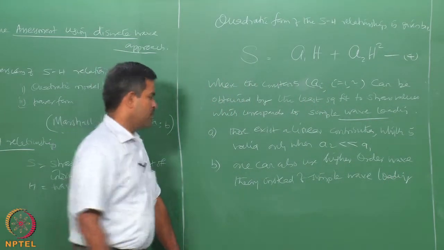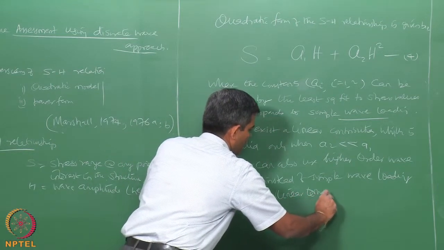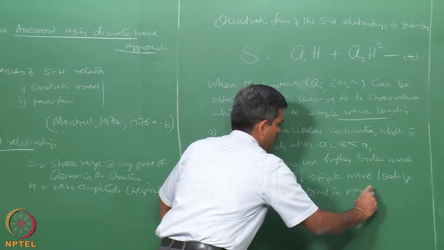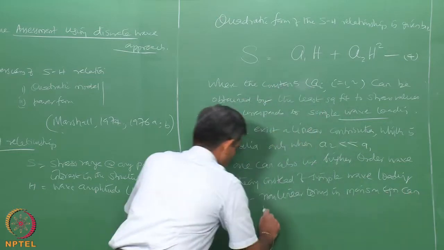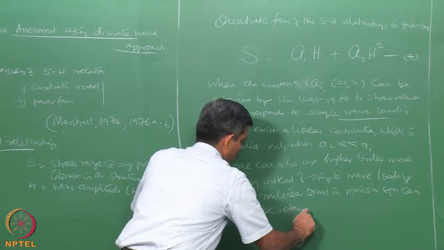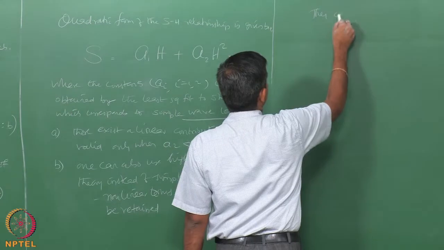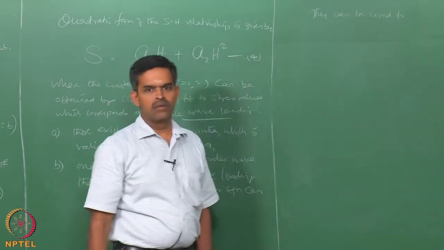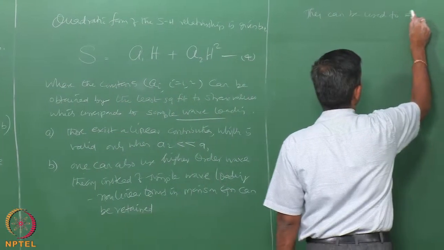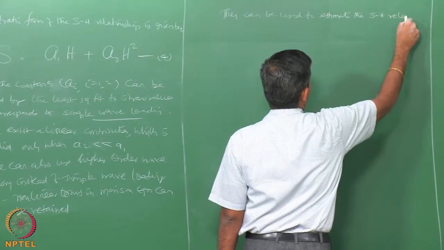So, one can retain the nonlinear terms in the Morrison equation, and they can be used to estimate the SH relationship.